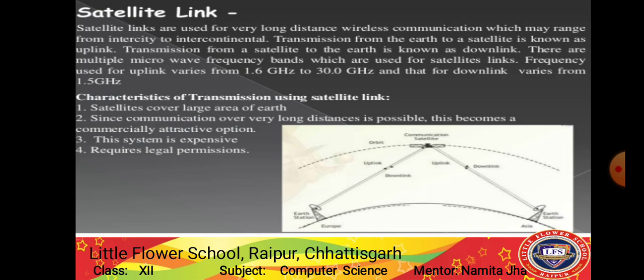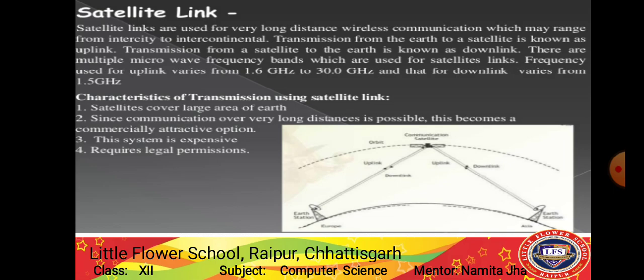There are multiple microwave frequency bands which are used for satellite links. Frequency used for uplink varies from 1.6 GHz to 30.0 GHz, and that for downlink varies from 1.5 GHz.